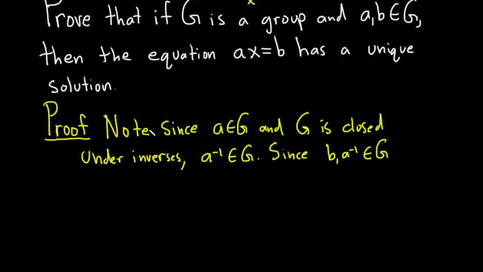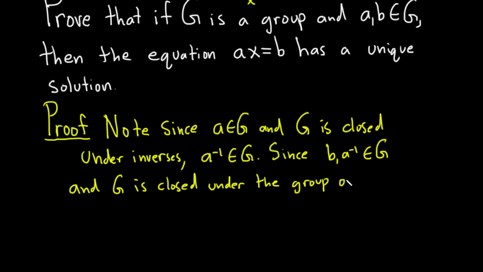There's a binary operation defined on G. Again, just being really precise here, we have that A inverse B is in G.